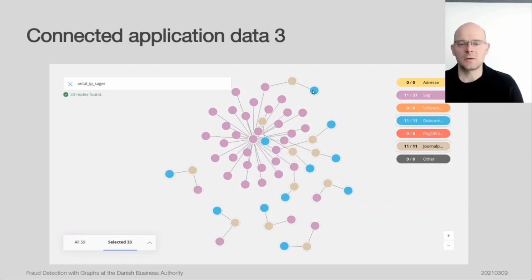So the graph can make you discover things that are abnormal, but it can also just eliminate your idea that something fishy is going on.